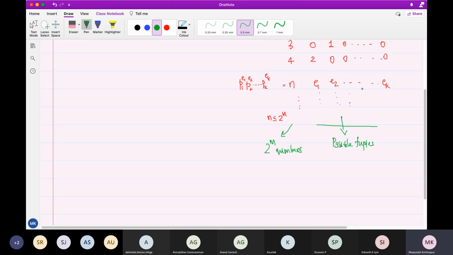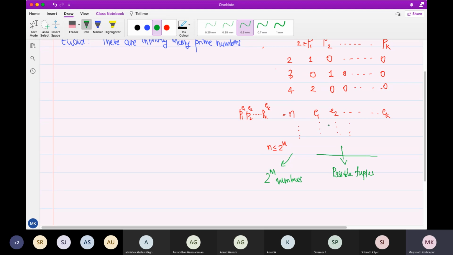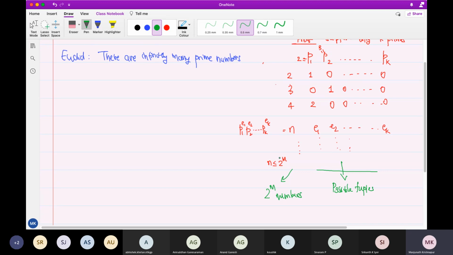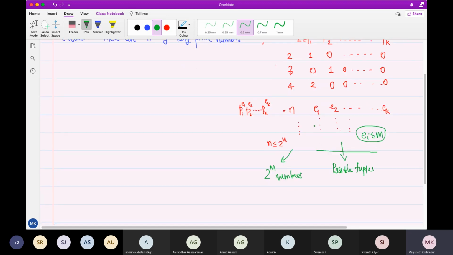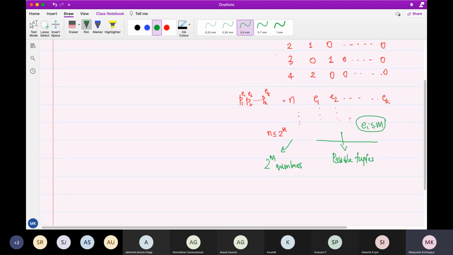See, each of these exponents, how big can it be? n is at most 2 to the m, right? So no exponent can be more than m. Do you agree? Because if you have more than m, then you get something bigger than 2 to the m. So each of these Eis is at most m.